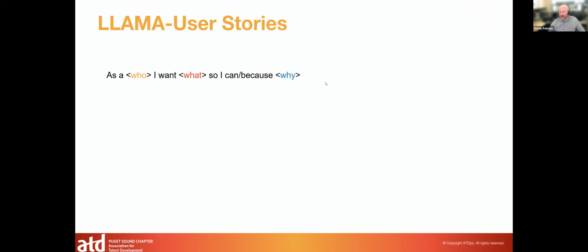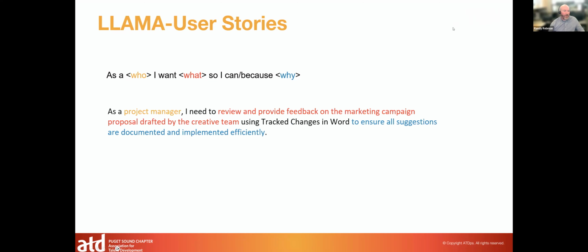So I'll give you an example using Microsoft Word. As a project manager, I need to review and provide feedback on the marketing campaign proposal drafted by the creative team using track changes in Word. So if people were totally new to Microsoft Word and we were helping them understand how to use the track changes feature, we would be getting a bunch of different user stories on what their roles are and what they need to provide for that.